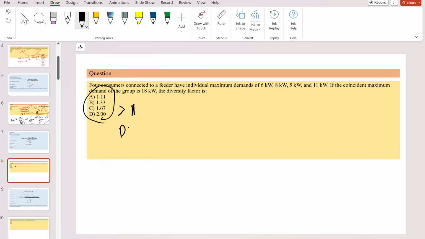So the diversity factor is always greater than 1. This you should always remember. Let's give a few more seconds. After that, I will give the solution.